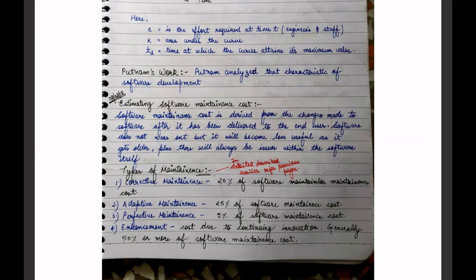First, corrective maintenance. This includes modifications and updations done in order to correct or fix problems which are either discovered by users or concluded from user error reports. Adaptive maintenance.